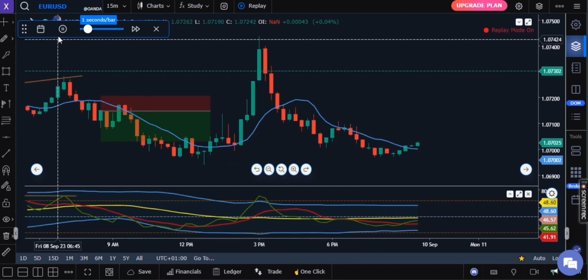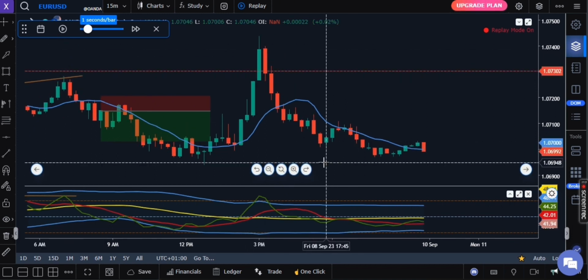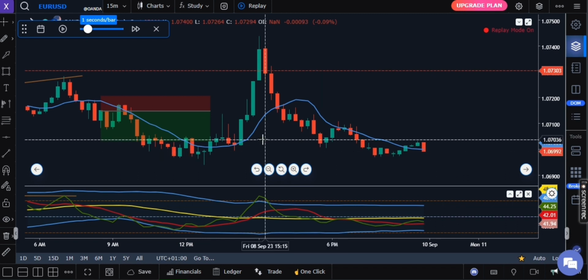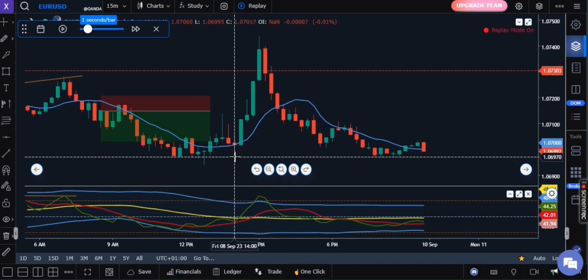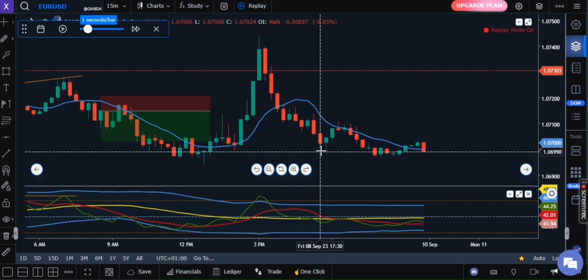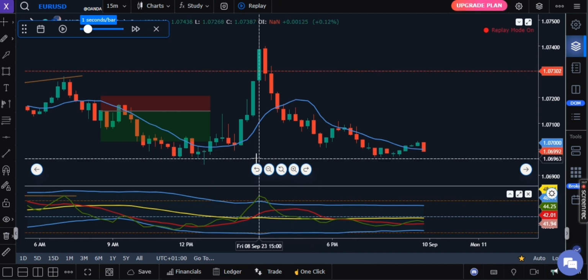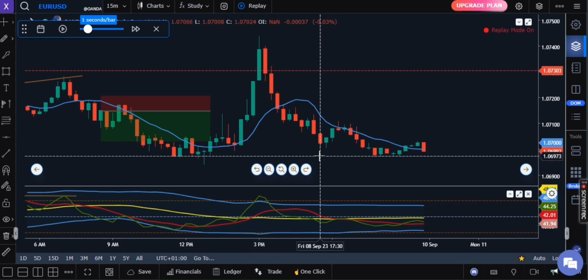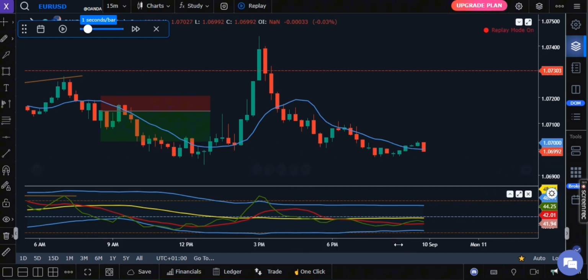For us to see. So let's see, do we have any opportunity? Do we have anything here? No. They are same. See this? This is higher than this. This is higher than this. So same, no opportunity yet.